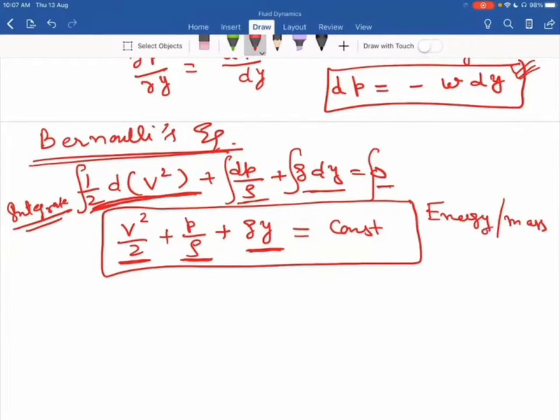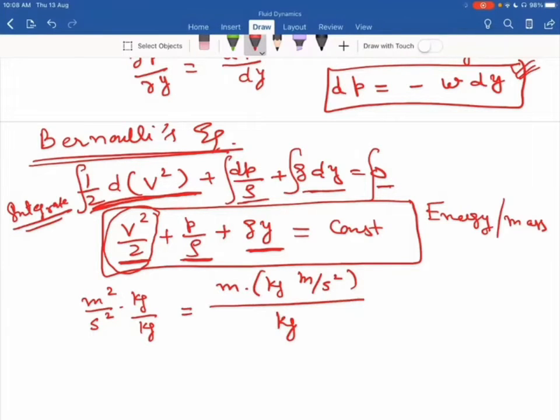Now see the unit of this term. The unit is meter square per second square. Multiply this by kg, divide by kg. Now you rearrange the terms. On top you can write meter into kg into meter per second square divided by kg.